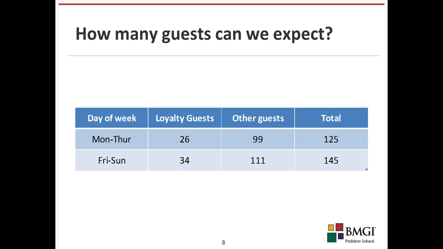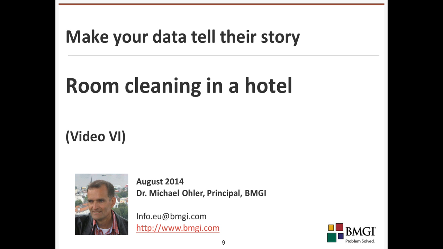Friday through Sunday, these are the data, and the total number of guests for both these periods are listed here. So that's simply the sum of those two values, and those were the ones we just found in our pivot table. Alright, so far so good.